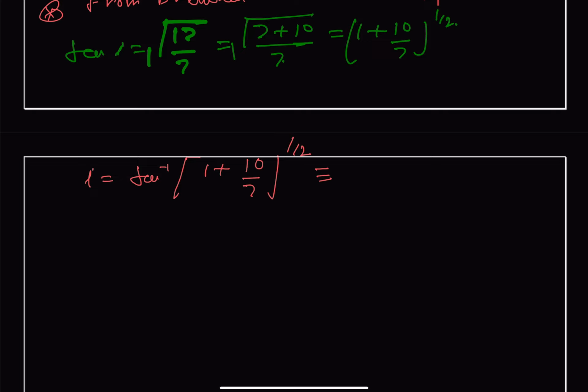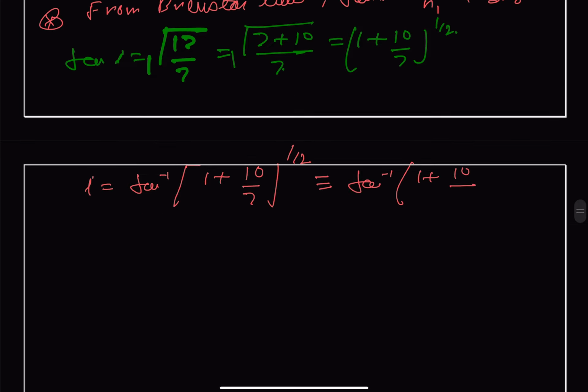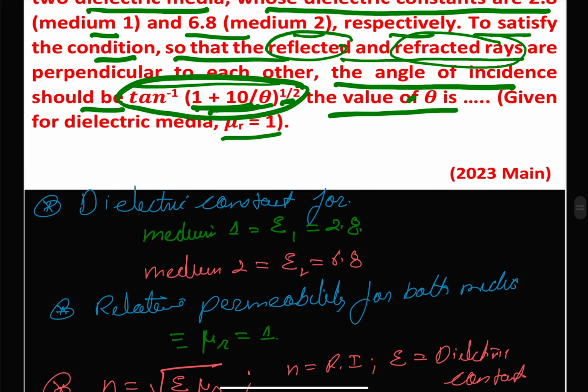And the given expression is tangent inverse of 1 plus 10 upon theta, whole raised to power 1 by 2. So this gives us that our theta is equal to 7. So the value of theta is equal to 7.